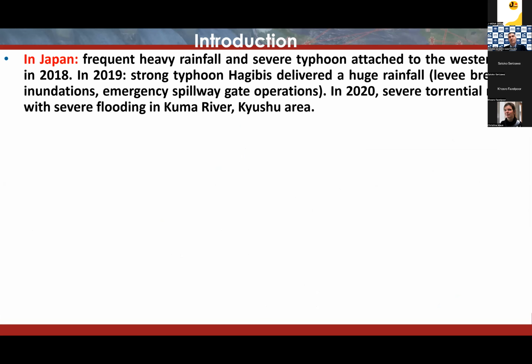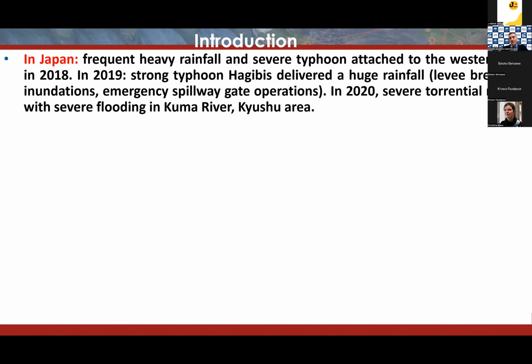So there are various challenges facing the basins of many countries. For instance, in Japan, frequent heavy rainfall and severe typhoons, means cyclones, attacked the western part in 2018. In 2019 also, very strong typhoon Hagibis delivered a huge rainfall.